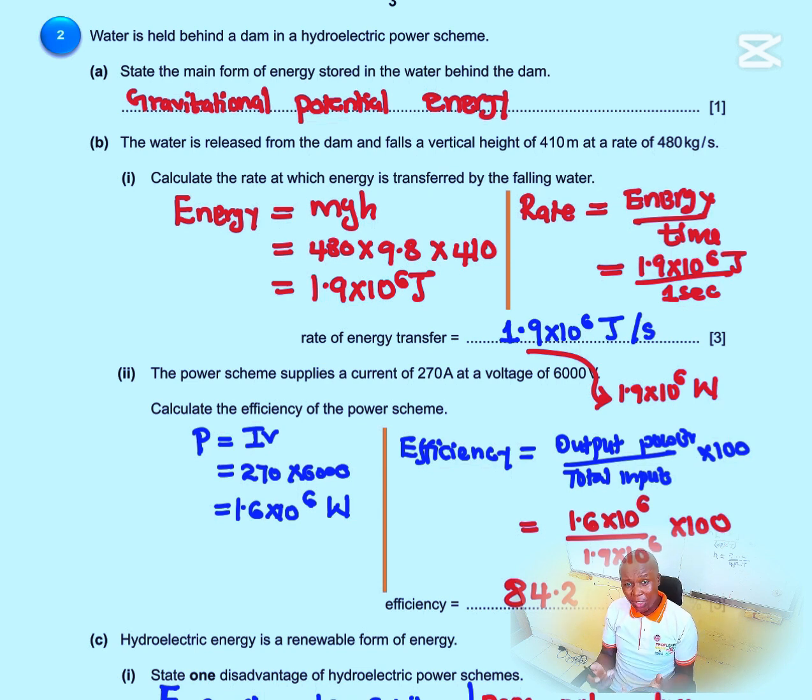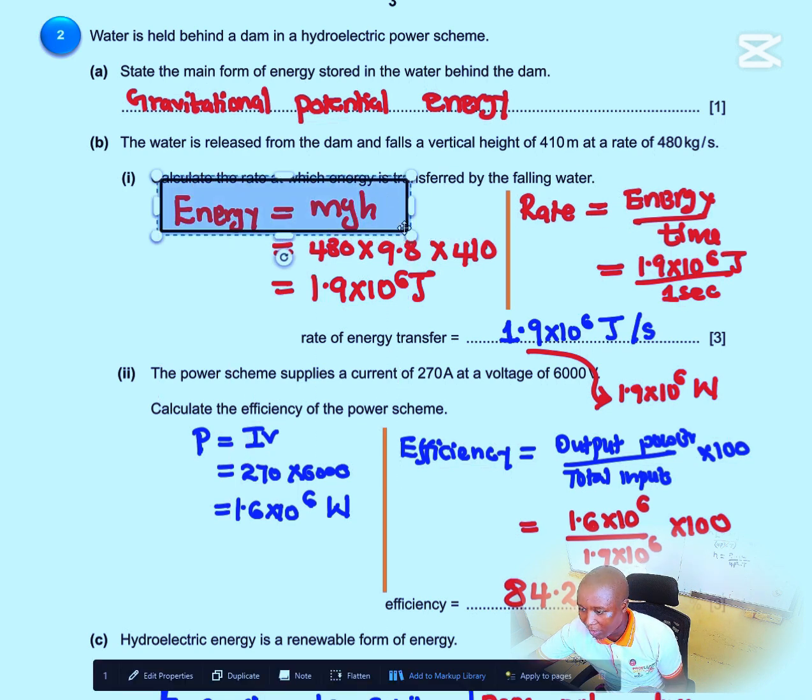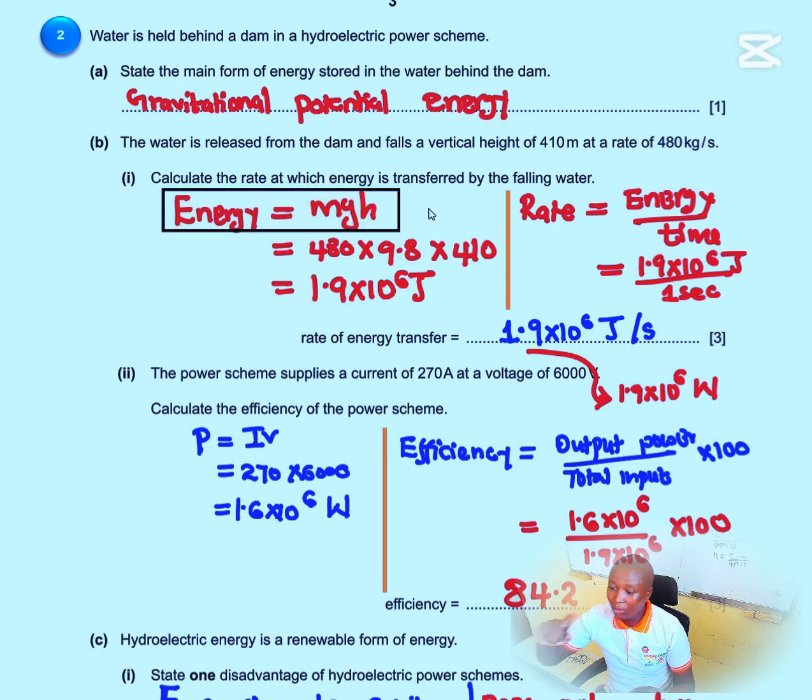Remember, the energy that we're talking about here is gravitational potential energy, and gravitational potential energy is calculated by the formula energy equals mgh. So we are going to substitute the values that we have into the formula so that we can get that energy.